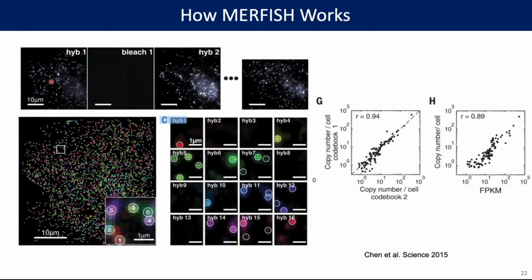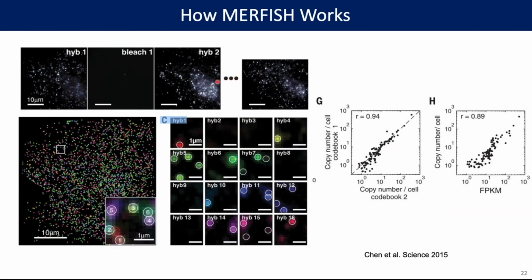In their study, they also show what the raw data basically looks like. So here you see an example of a hybridization round. You see all of those spots here, which are positive signals. And then a bleaching of the signal is performed in a flow cell, basically on a microscope. And then you see hybridization round 2. And then this is performed several times.